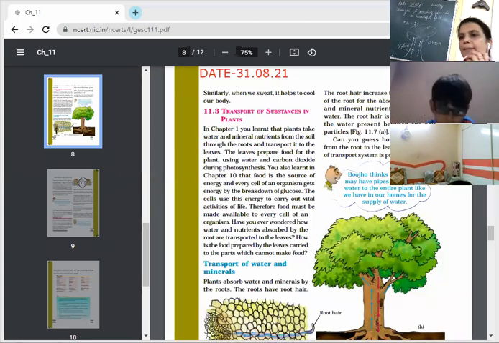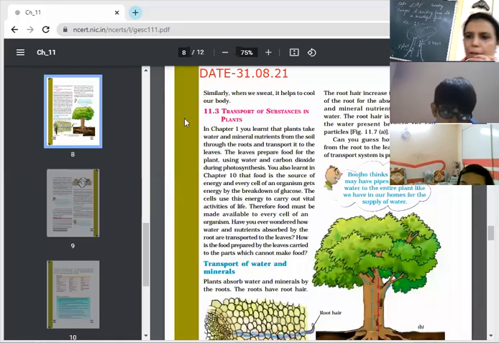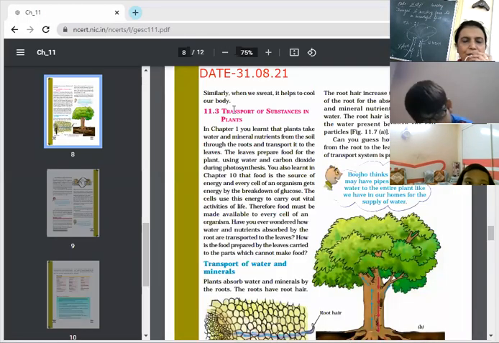Today, class 7, we are going to start chapter number 11 with the part, transportation of substances in plants. Children, the transportation system in human beings we have already read, the circulatory system.